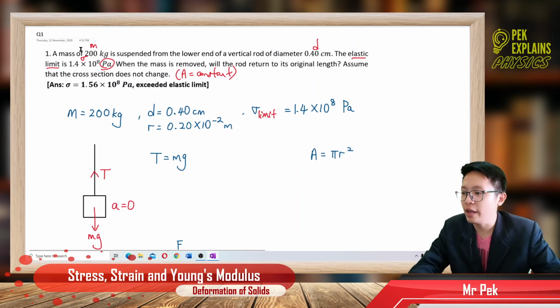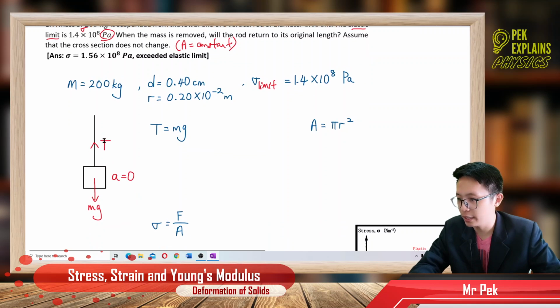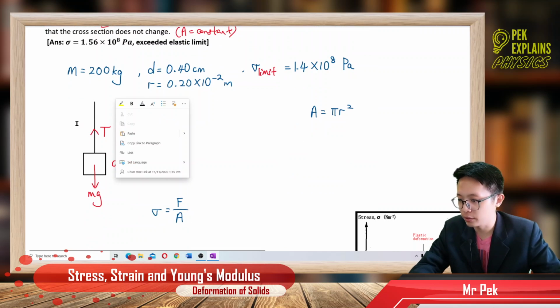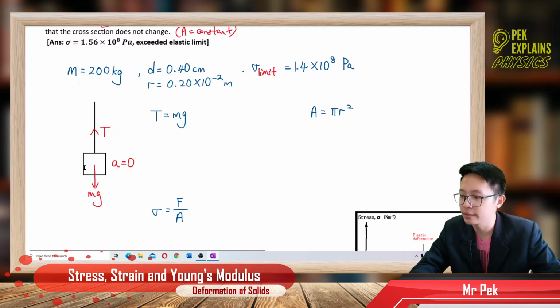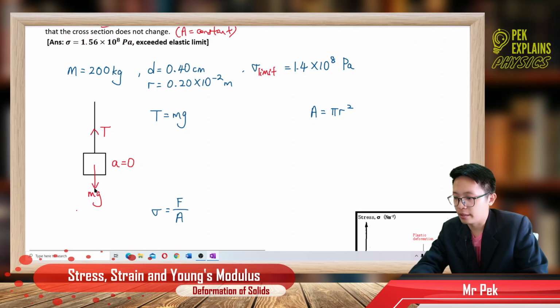Okay, so we have the mass suspended, something like this. This is the vertical rod, and this is the mass of 200 kilograms, with weight 200 times gravity.